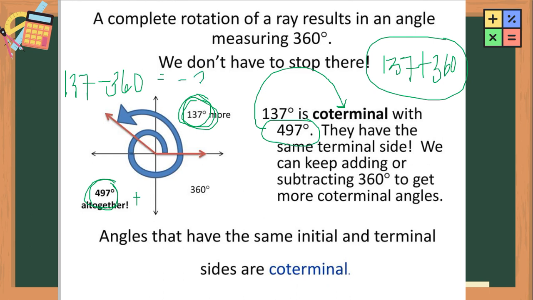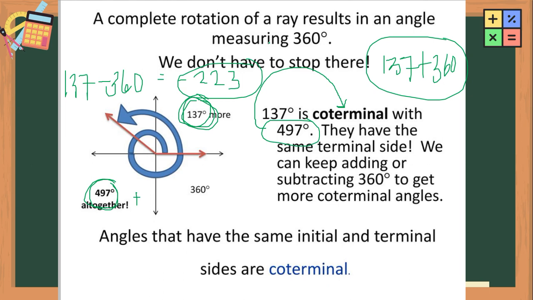Negative 223. Please verify. Is it 137 minus 360 is negative 223? Yes, sir. Mali-mali yung mga binigay na sagot. Hindi ko na na-check. So, this is negative 223.